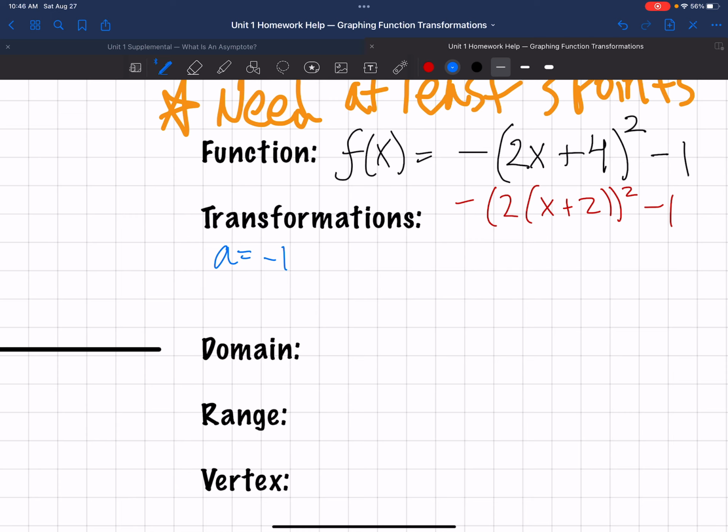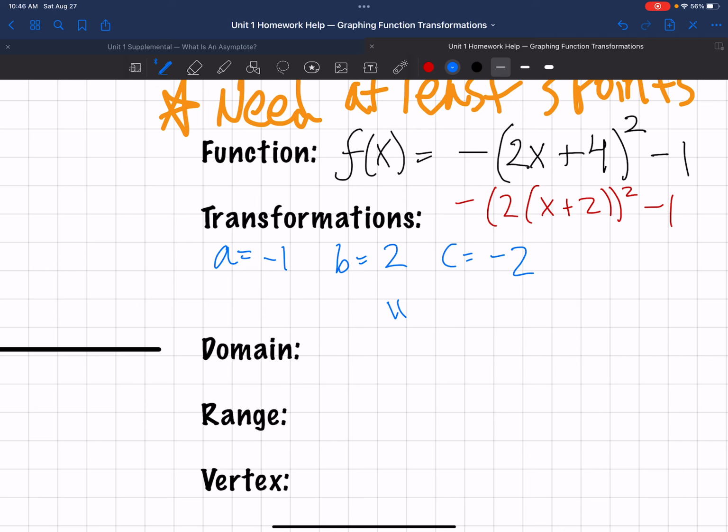Next is your b value, which we identified as 2. Then your c value, not positive 2, but actually negative 2, and that's because of that whole thing we talked about in class, the whole, what are these called? Apostrophes? Quotes. My gosh.